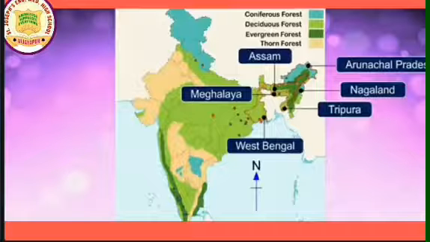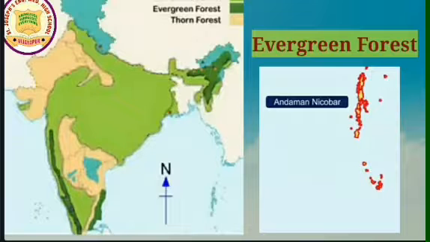See students, northeastern states: Assam, Arunachal Pradesh, Meghalaya, Nagaland, Tripura and West Bengal, as well as in the Andaman and Nicobar Islands. See students, also we find in Andaman and Nicobar Islands.